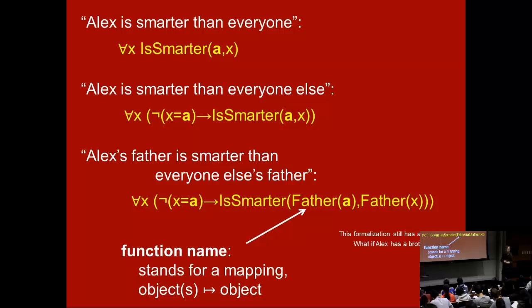Any questions so far? Yes? So we don't use the definition of a relation as a set of satisfied objects? Yeah, the question was whether a relation, you might think of it as defined as a set of objects, or a subset of all the objects, or in this case, a subset of pairs of objects. It's kind of the same concept.